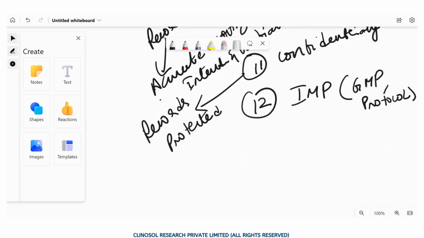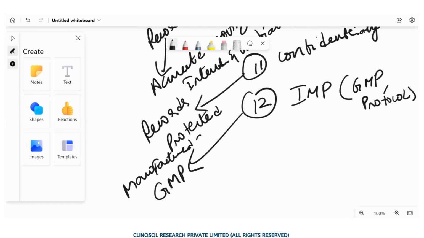Investigational medicinal product should be manufactured as per GMP, and used as per the approved protocol. So this is your 12th principle.